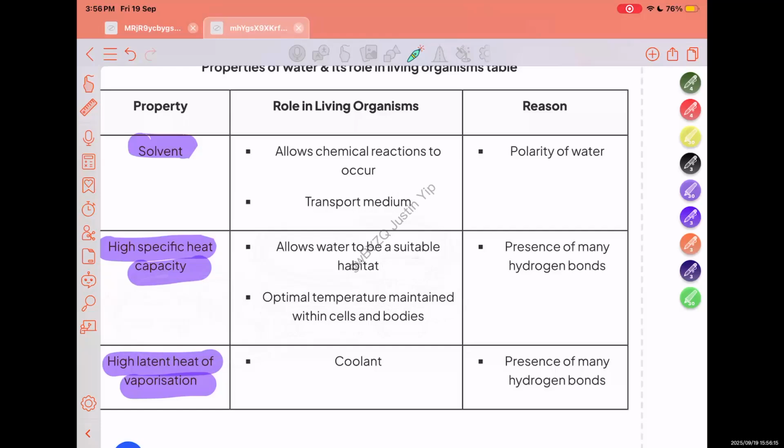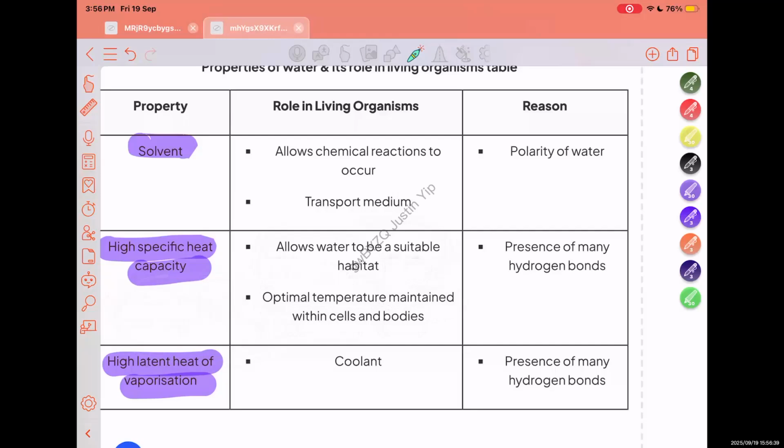Second thing, our body is composed of 70% water. So imagine if water had low specific heat capacity, then if we go for a walk under the sun for 5 minutes, the water inside our whole body would absorb the heat and cause our whole body to burn, which we don't want to happen.